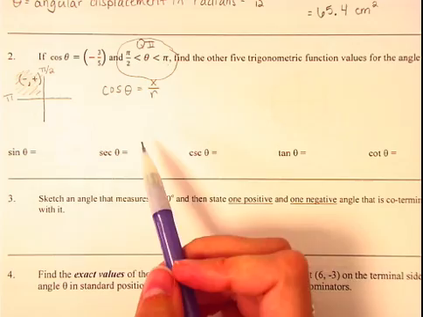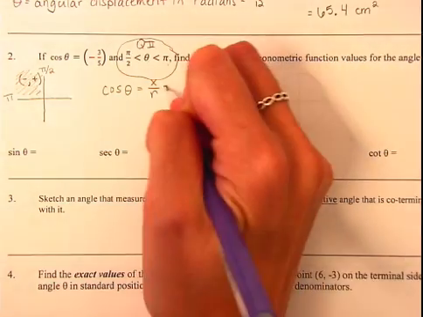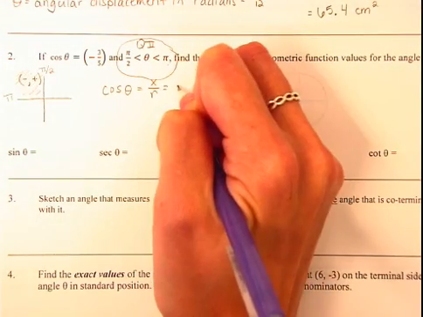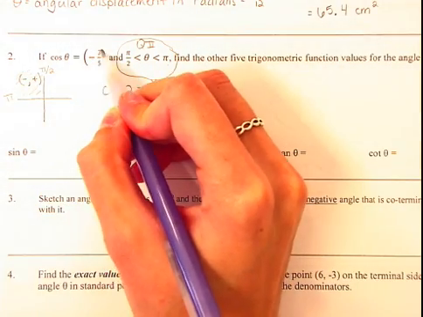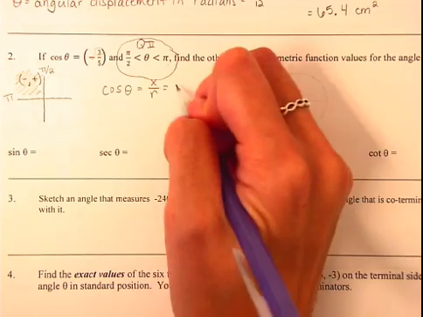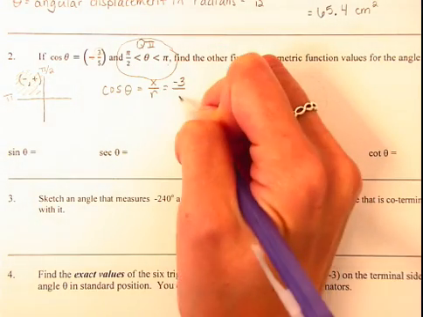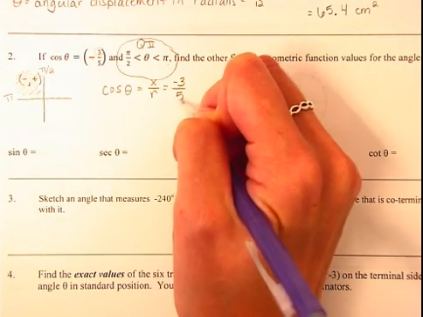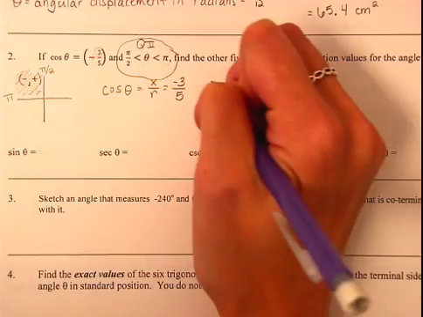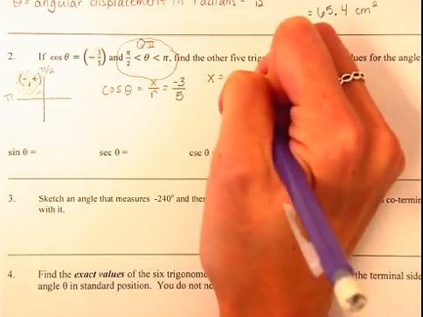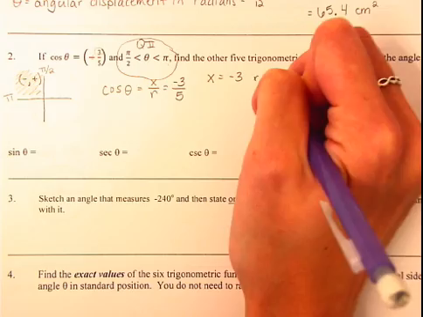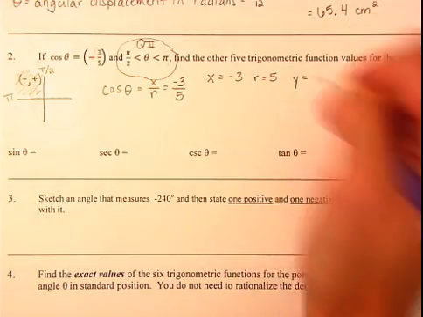If I'm trying to find all of the values, cosine is -3 over 5, and since x is negative, I'm going to take this negative and assign it to the top value, 3. And of course, your r, your radius, is always positive. So that tells me that x is -3, r is 5, and I'm missing my y value. How do I find y?